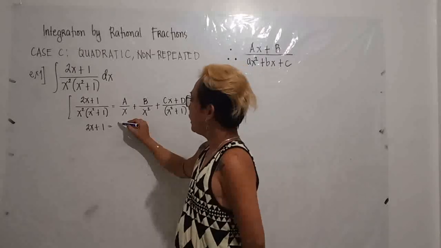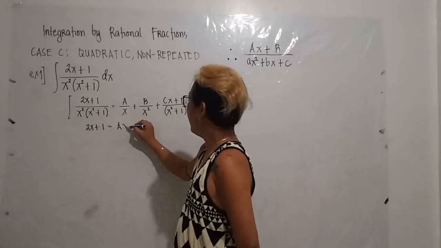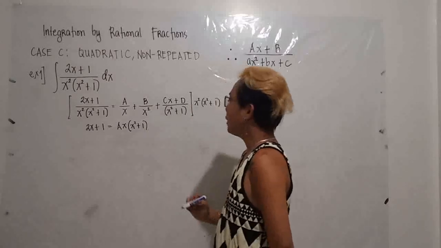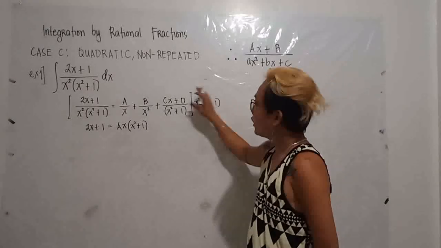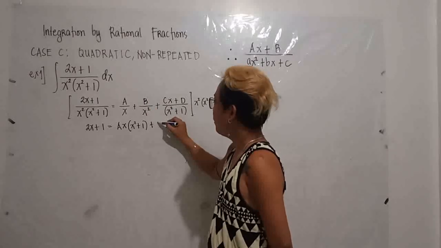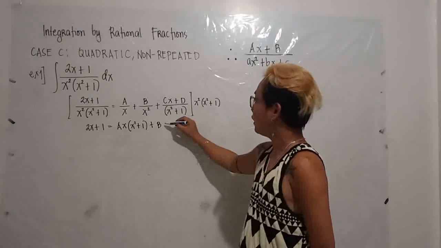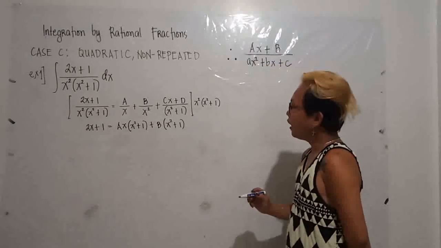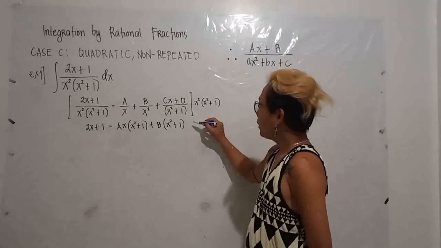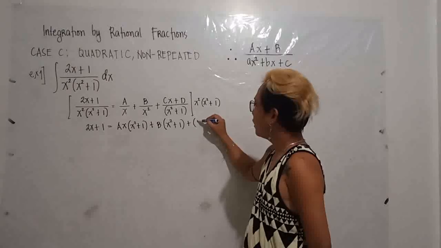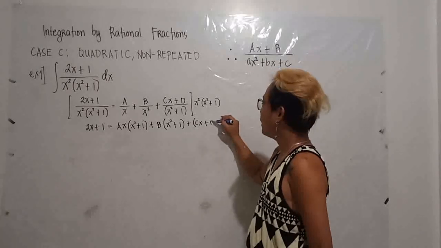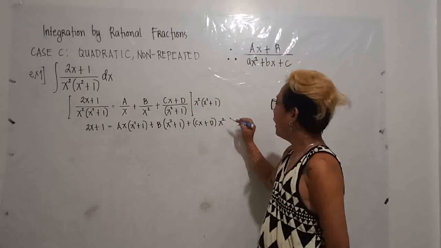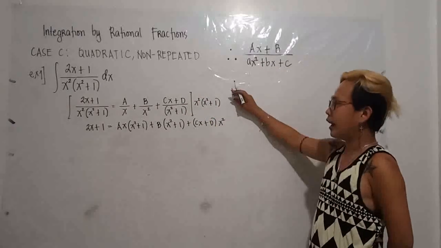So ang matitira is a, then x multiplied to x squared plus 1. The next term is plus b. Makakancel si x squared. Ang matitira ay x squared plus 1. Then for the third term, you will now have plus cx plus d multiplied to x squared. Kasi makakancel si x squared plus 1.